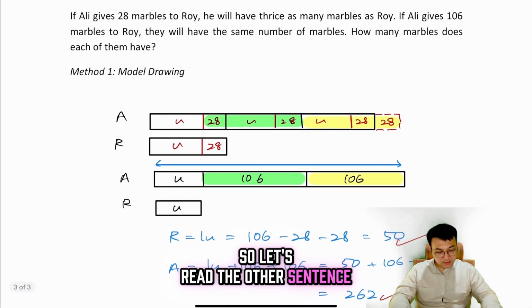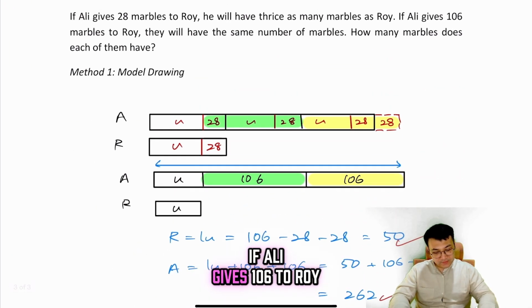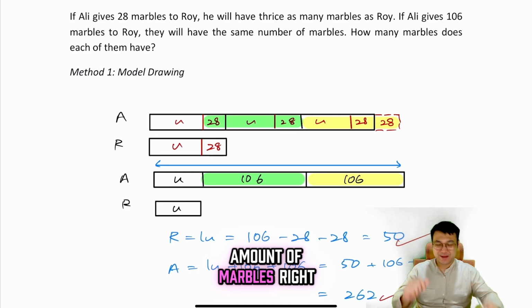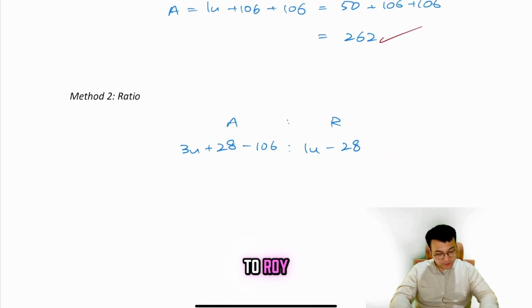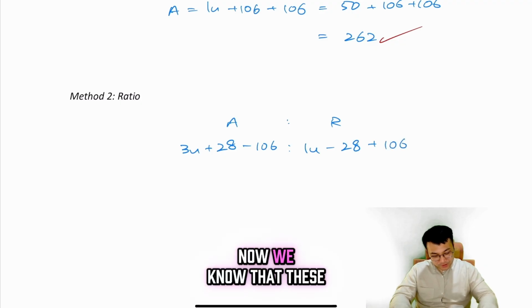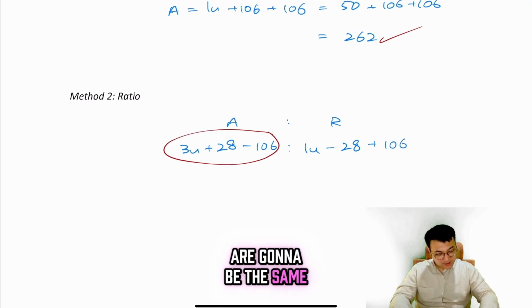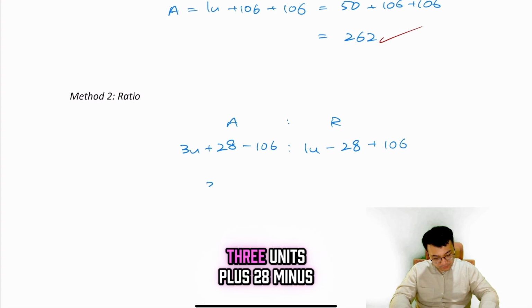So let's read the other sentence. The other sentence says that if Ali gives 106 to Roy, they will have the same amount of marbles, right? So let's say Ali gives 106 to Roy. Now we know that these are going to be the same. So let's write it down. 3 units plus 28 minus 106.